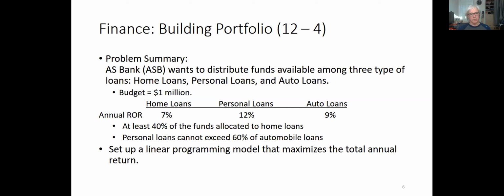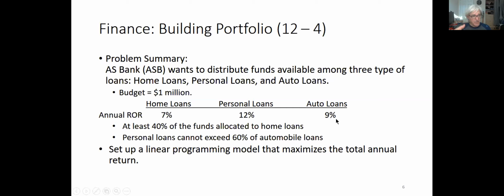In portfolio building, normally and very naturally, we try to maximize the overall annual return, let's say. But some investments are more risky, some are less risky, and the return is not equal among all of them.